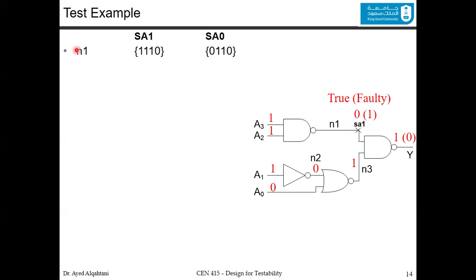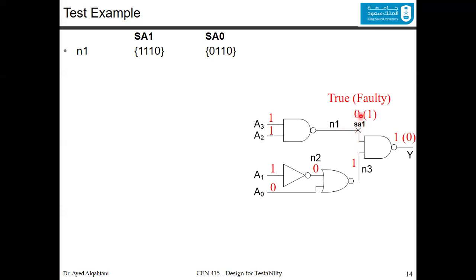Basically, how do we generate this row? Since we have N1, we say, okay, this is N1, and we are trying to test stuck-at 1. Find the test vector that will detect that there is a stuck-at 1 fault in this line or at this node.